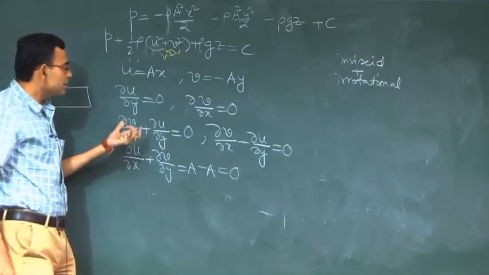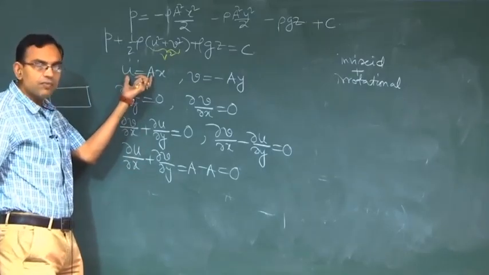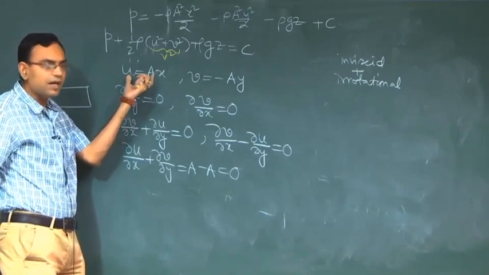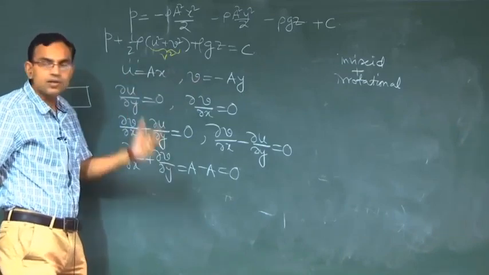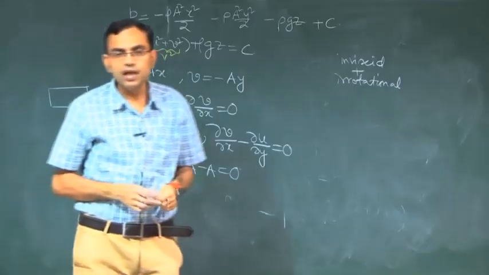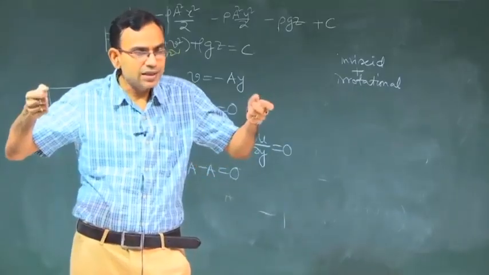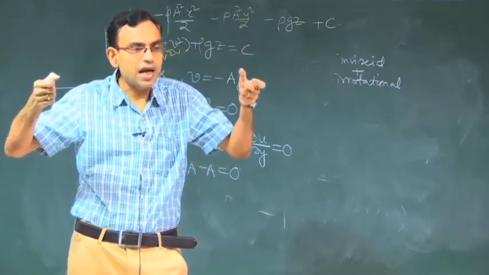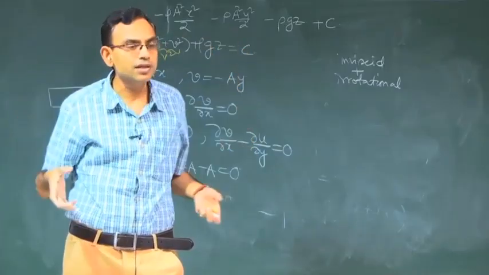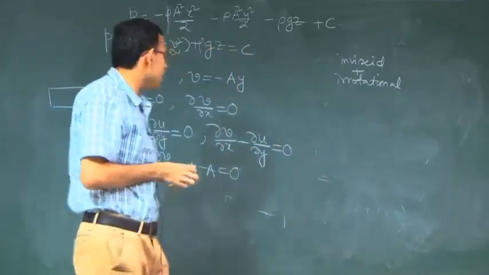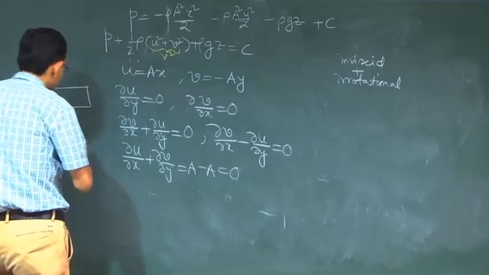but the partial derivative of u with respect to x is not 0 and that of v with respect to y is also not 0. That means there will be stretching of one side and compression of another side such that the volume remains conserved. And what will be the equation of the streamline?